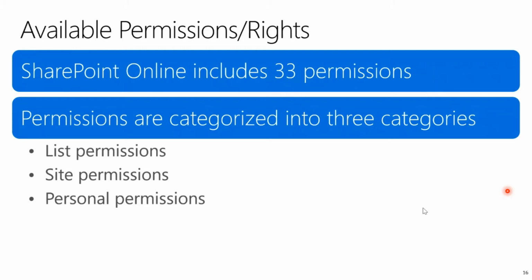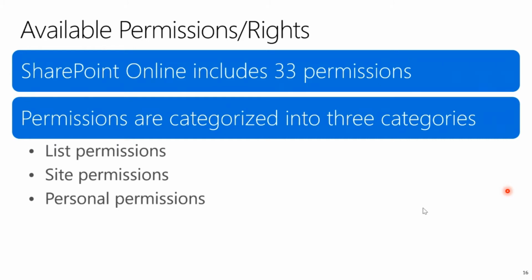All of these are permissions. And you can see on your screen, there are 33 permissions in SharePoint by default. Of course, we cannot create a custom permission, but these 33 permissions are broadly categorized into 3 categories: list permissions, site permissions, and personal permissions.